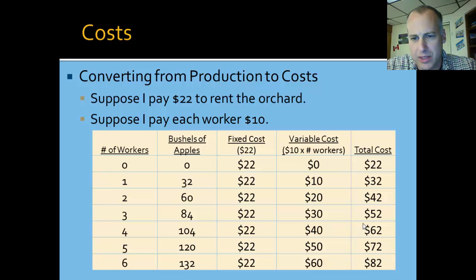You can look at the way that the production, the number of apples in the second column, translates into variable cost, fixed cost, and total cost in the 3 columns to the right. So then the total cost increases, and 132 apples can be picked for $82.